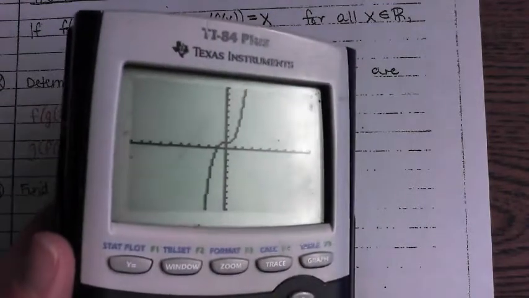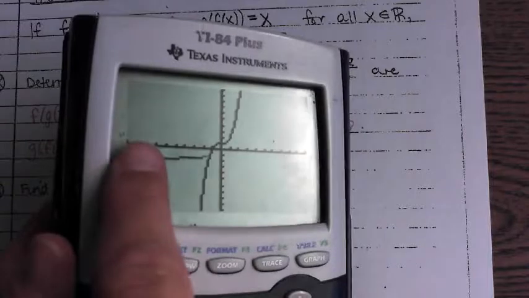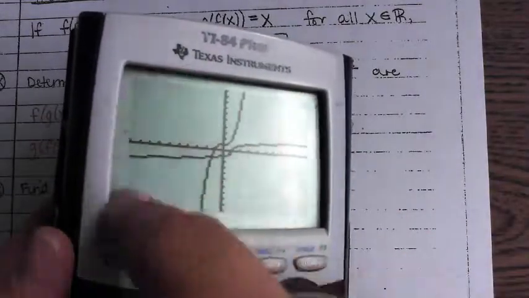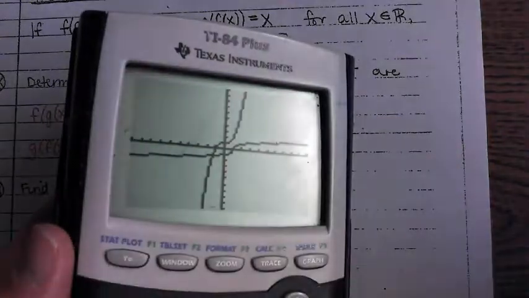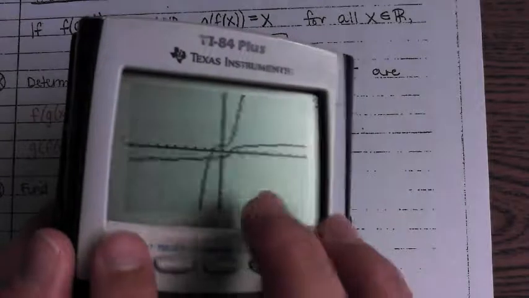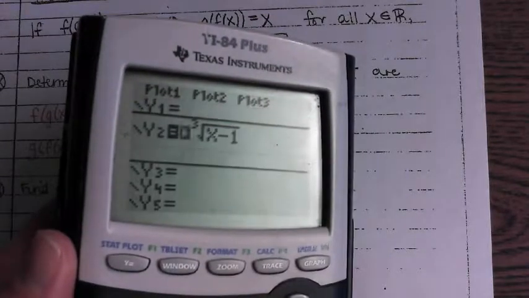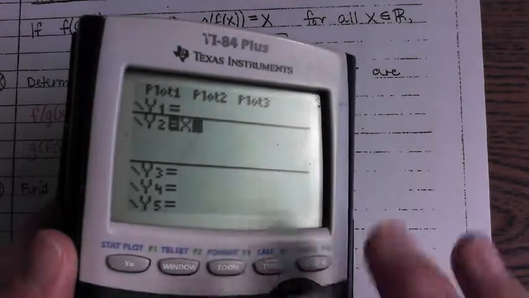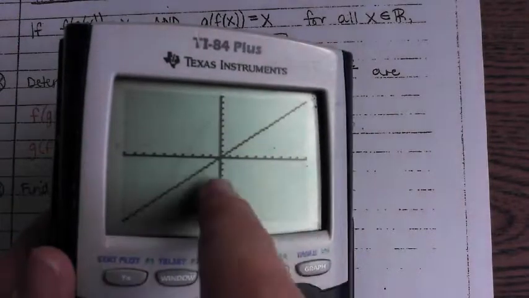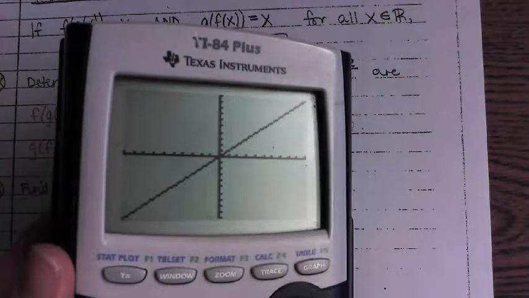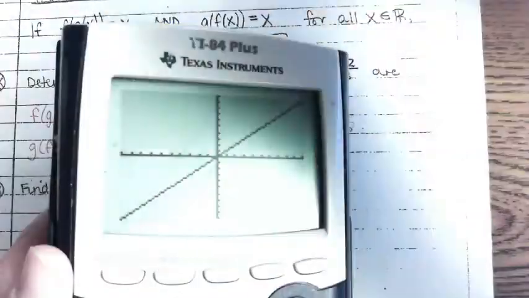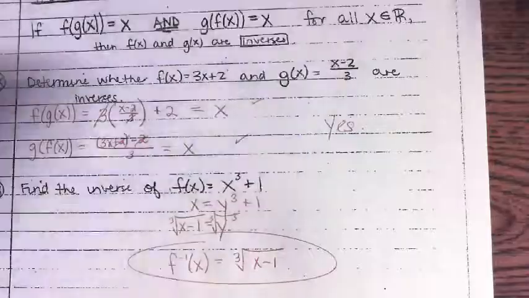The reason it does is because we're looking at a square, negative 10 to 10 and negative 10 to 10 should be a square, but your screen's actually a rectangle. So even if I alone look at the line y equals x, which is supposed to be at a 45-degree angle, it wouldn't actually be at a 45-degree angle. It would be slightly smaller than that just because the screen is stretched into a rectangle. Anyway, that's a side note.